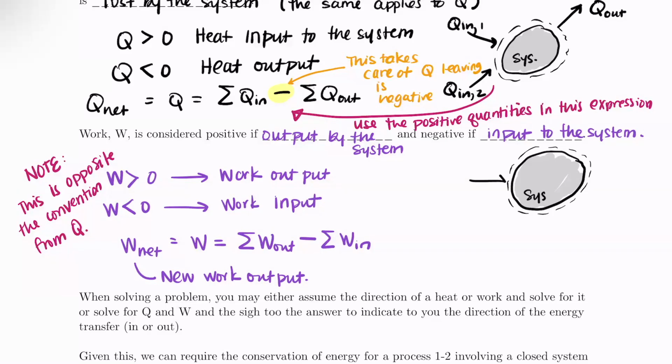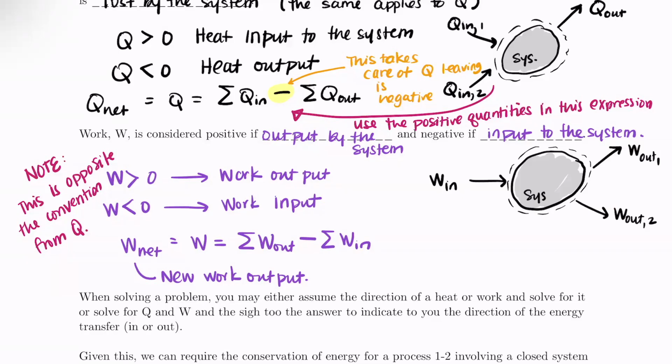If we have work coming in and then work out here, and then another work out here, called 1 and 2, we're going to do the same thing. So we will take the quantities W in, W out 1, and W out 2 and treat them all as positive quantities when we use this bottom expression here.